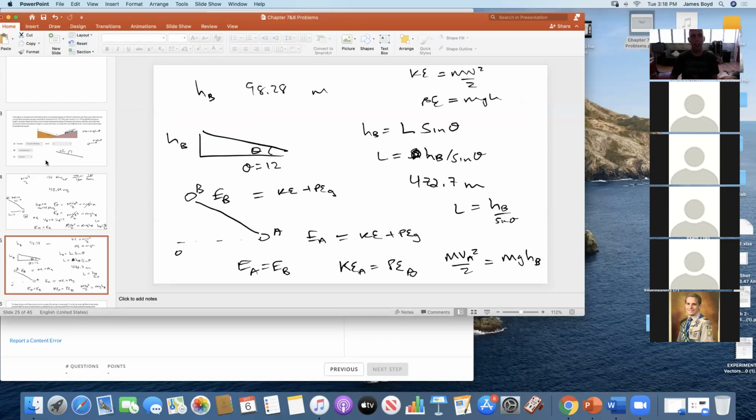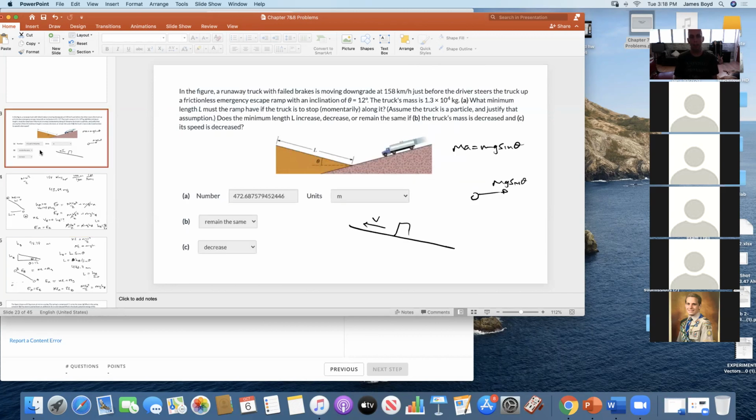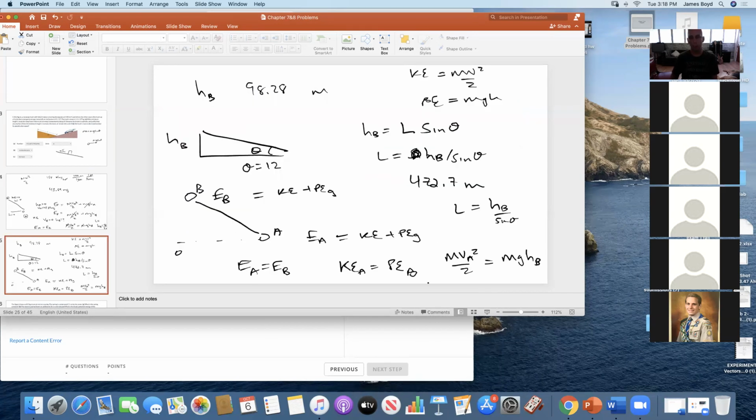Does the mass actually figure into this anywhere? Look at our final equation. Mass cancels. So HB doesn't depend on mass. It just depends on the initial velocity and gravity and 2.